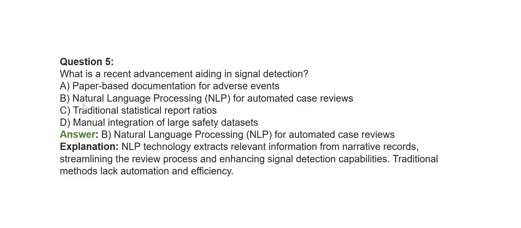That advancement would be B, natural language processing. Natural language processing technology extracts relevant information from narrative records, streamlining the review process and enhancing signal detection capabilities. Traditional methods lack automation and efficiency.